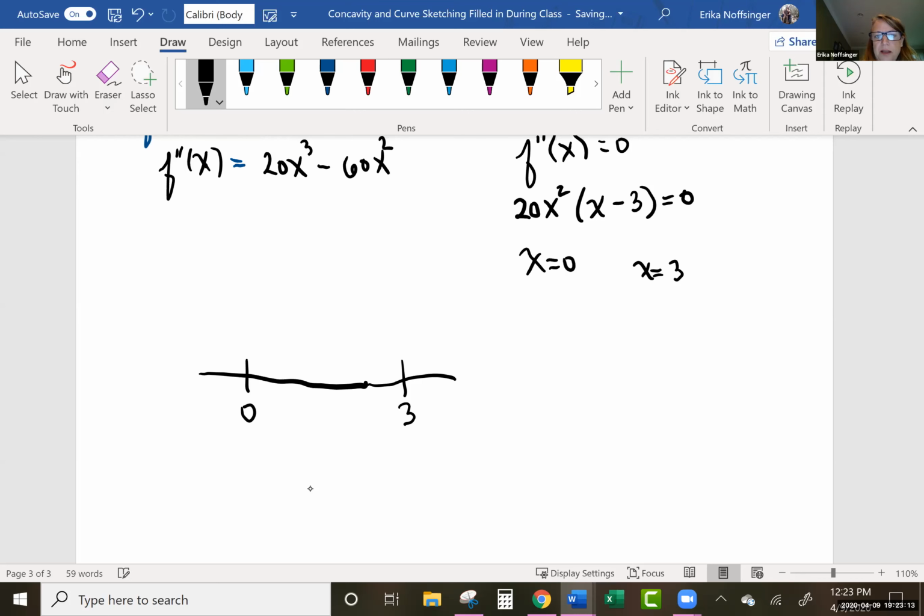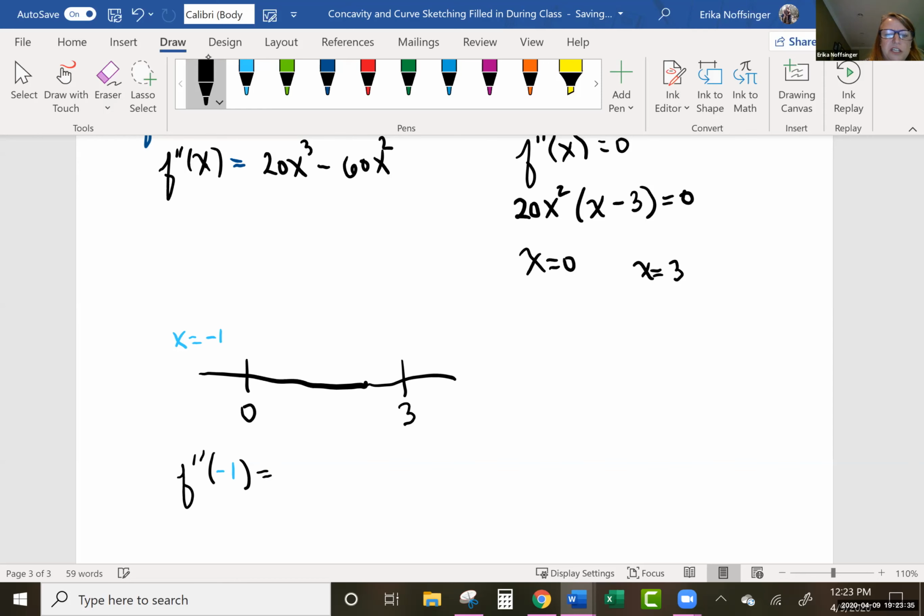And I'm going to plug values into my second derivative. So choose something to the left of 0. If I chose -1 and plugged it into the second derivative, I'm really only curious, is it a positive or a negative number? I could figure out what the value is if I want.